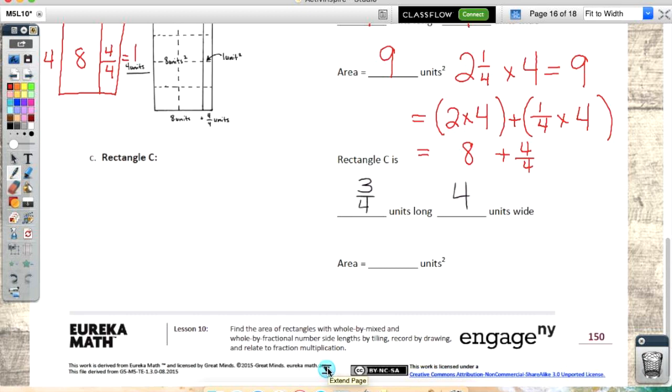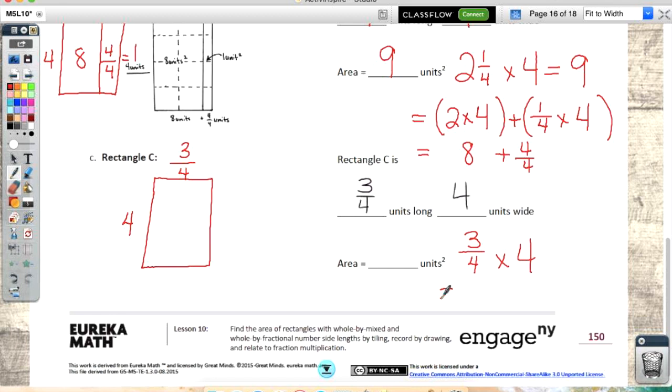So here's rectangle C. They didn't draw it for us, and that's fine, because we're going to solve it using the area model, okay? So we have 3/4 by 4. So remind me how to do this. When I multiply a fraction times a whole number, do I multiply the denominator?